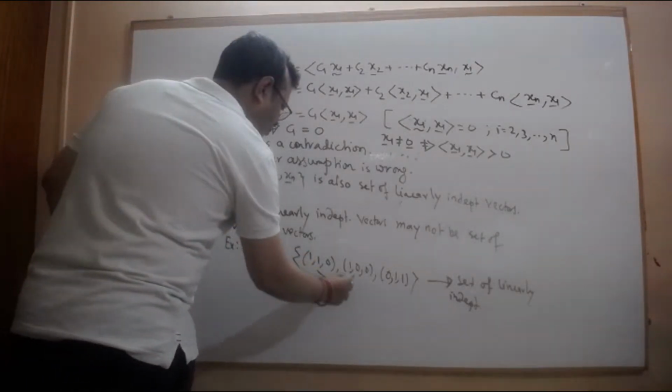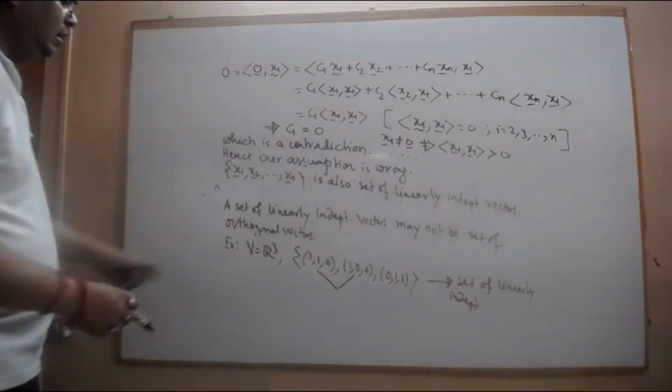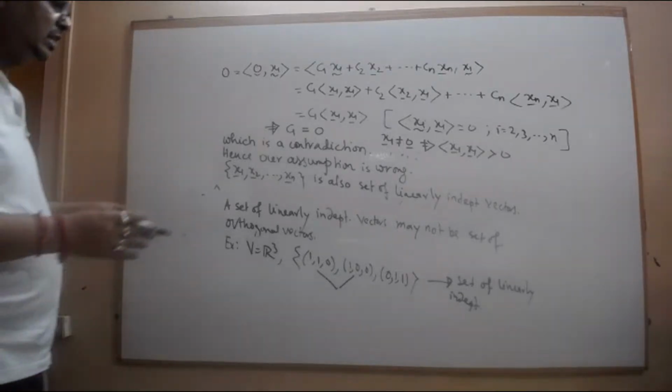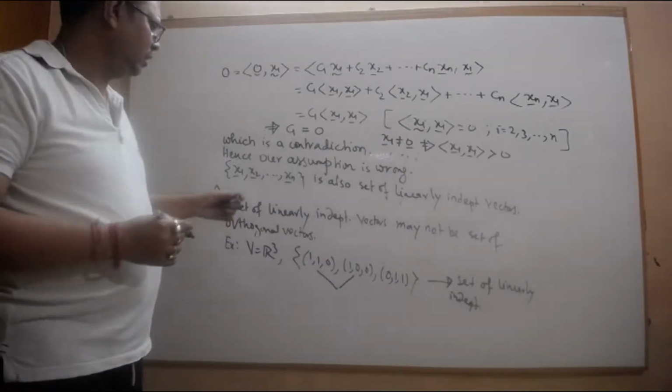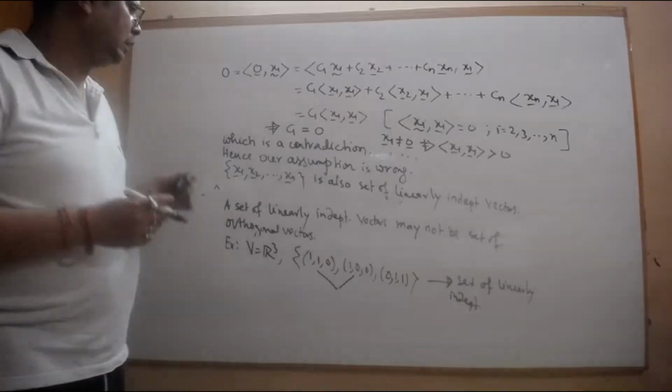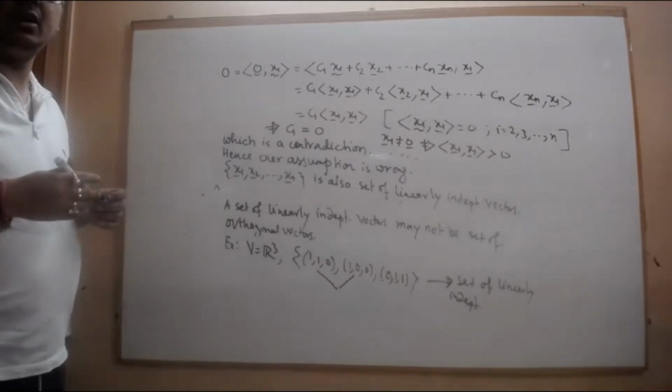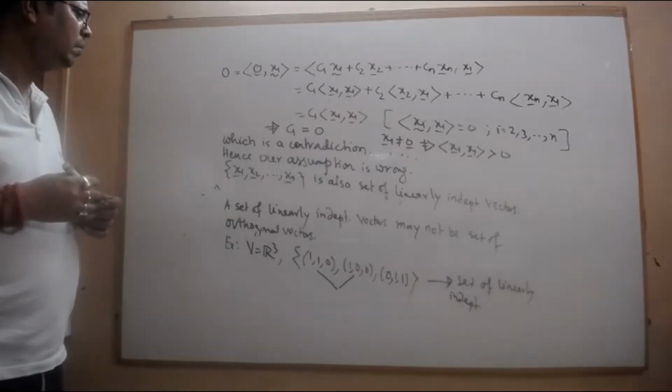Just check these two. You see that the inner product of these two is 1. Hence, this is not a set of orthogonal vectors. Therefore, we conclude that a set of orthogonal vectors is always linearly independent, but the converse may not be true.